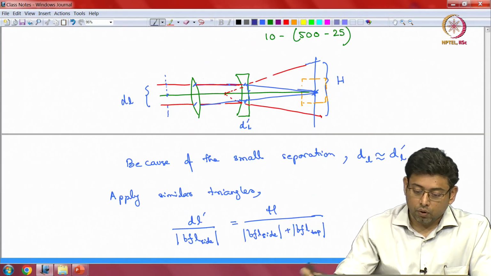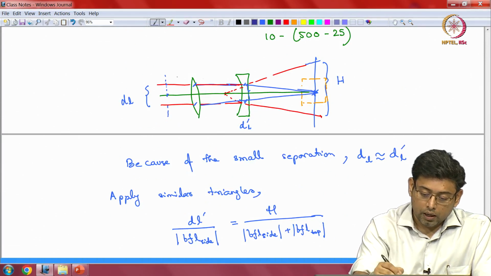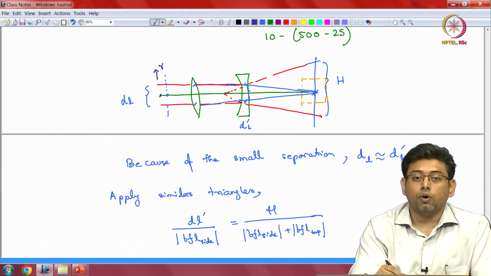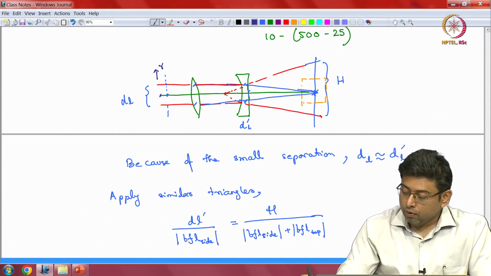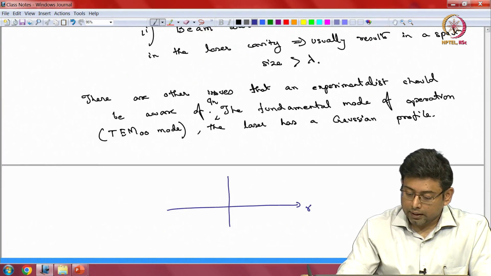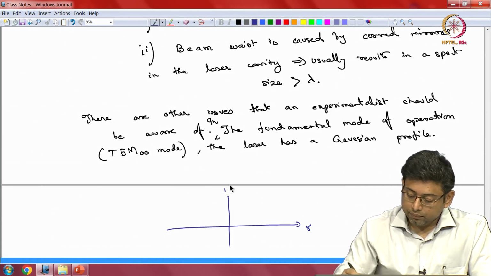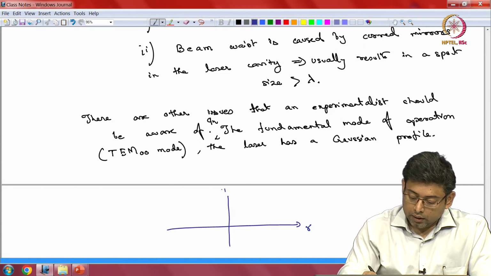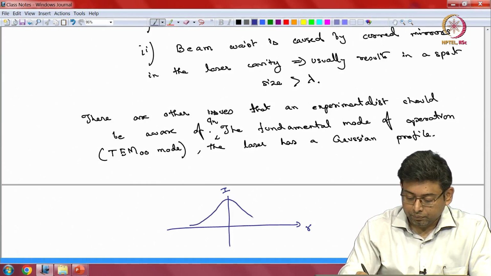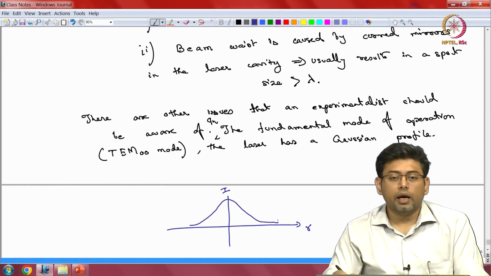So going back to this, if you were to use r in this direction with this being 0, the origin, and if you were to plot the intensity values of the laser, it would look something like this, like a Gaussian curve.